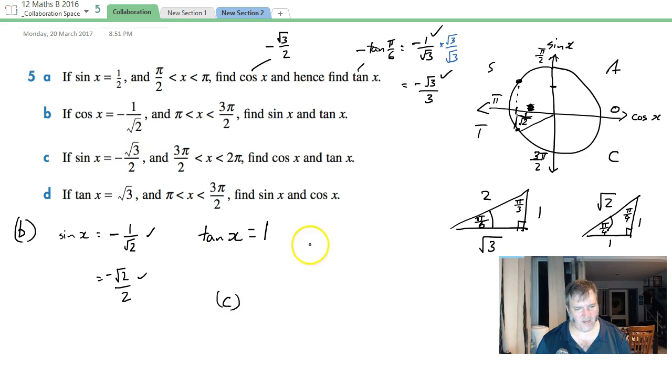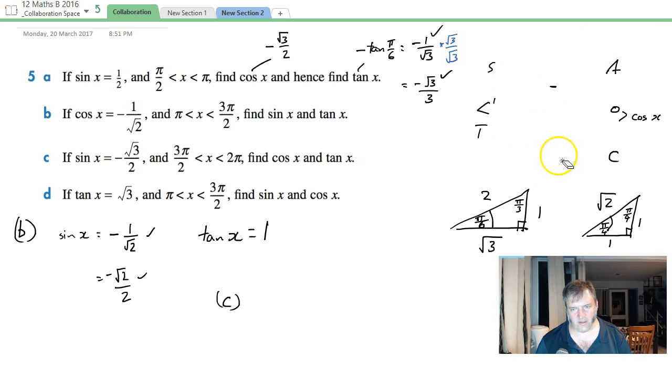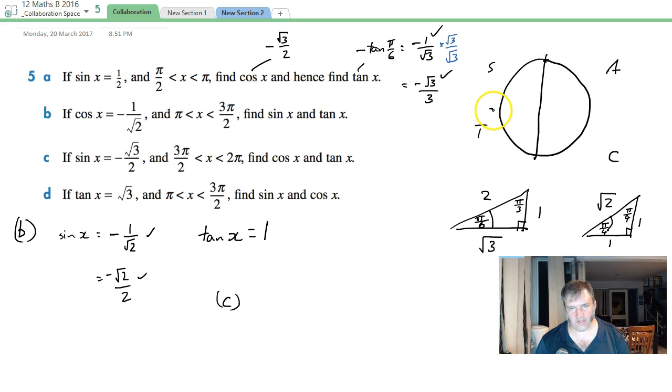sine of x equals negative √3 on 2. Let's redraw the unit circle because that's getting a bit messy. Sine of x negative root 3 over 2, so it's going to be down here, pretty close to negative 1.